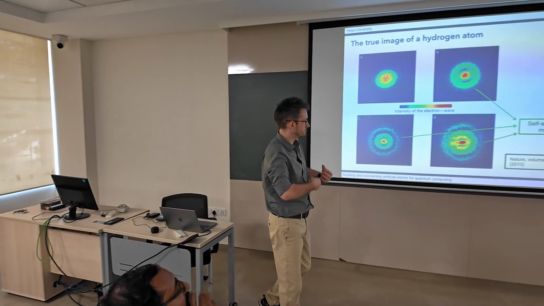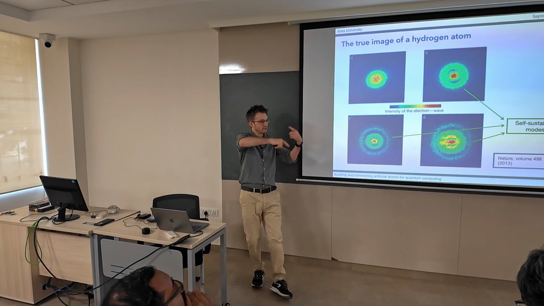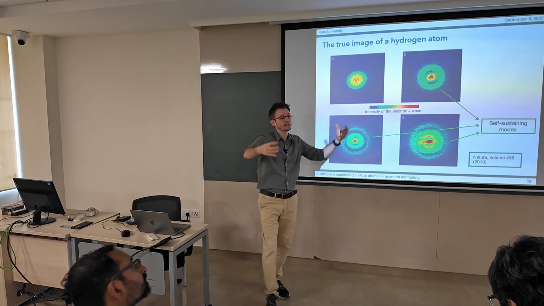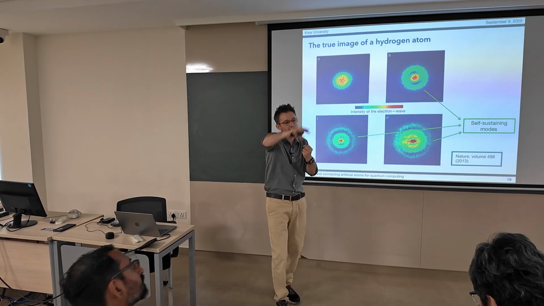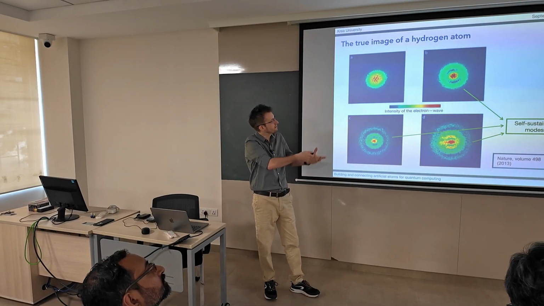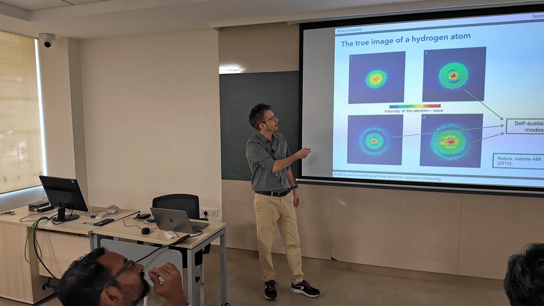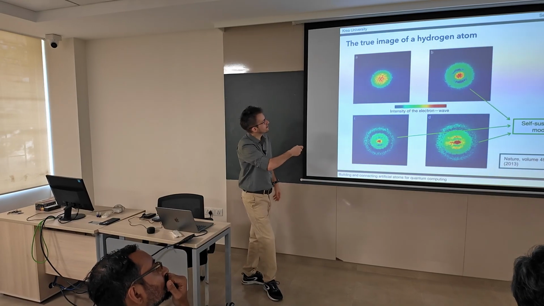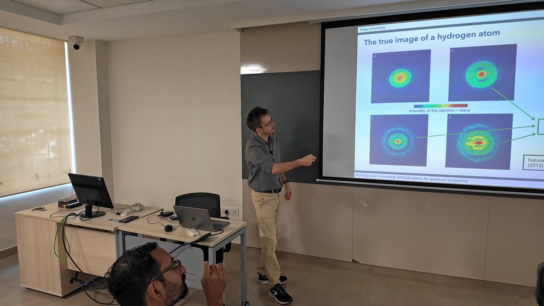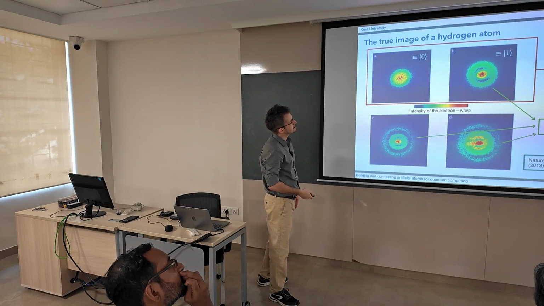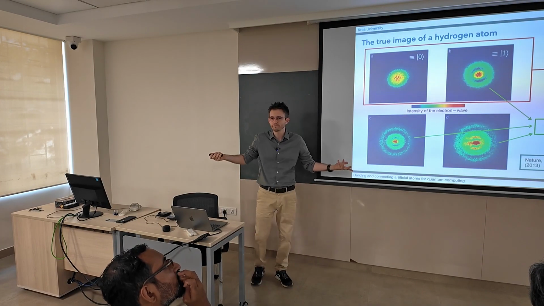So the electron is also going to be confined just like in a box, but here it's confined because of the attraction of the nucleus. In this confinement, it is going to present some self-sustaining modes, which we call the eigenstates of the electron. And so these are the different states that you can see. There's nothing in between. These are discrete states again. Okay, and so this is what we can define as a qubit.